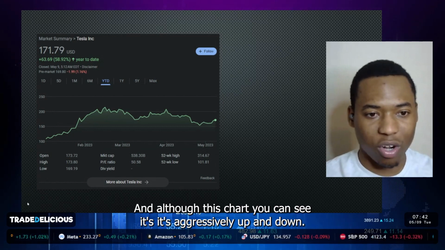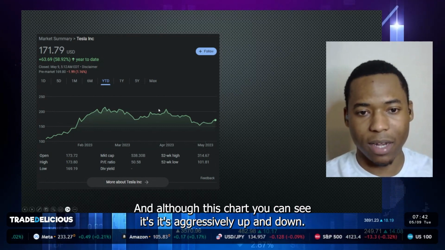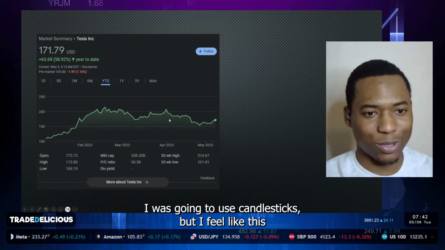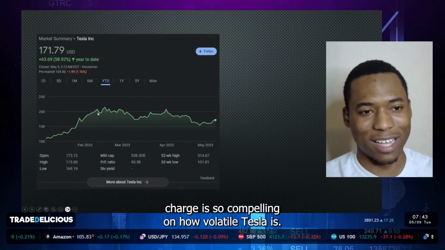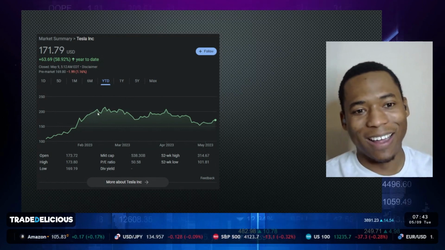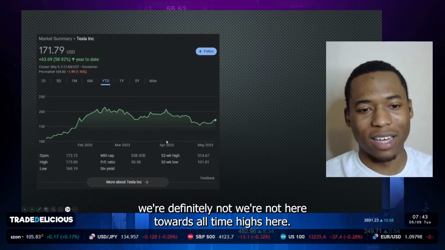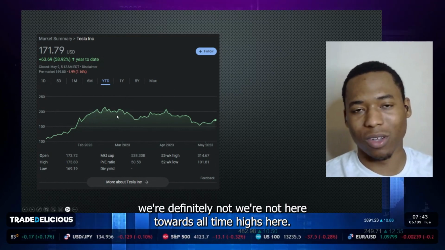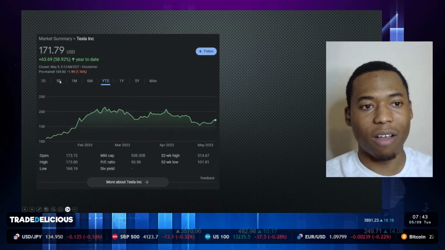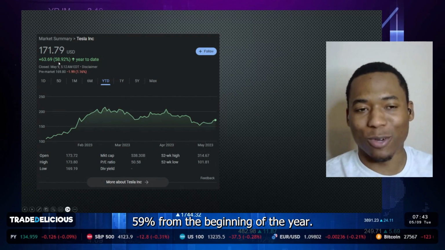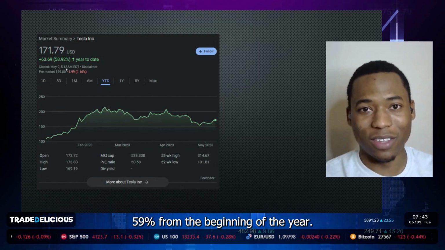And although this chart, you can see it's aggressively up and down. I was going to use candlesticks, but I feel like this chart is just so compelling on how volatile Tesla has been. As you can see, we're not here towards all time highs, but the reality of it is we're still up 59% from the beginning of the year.